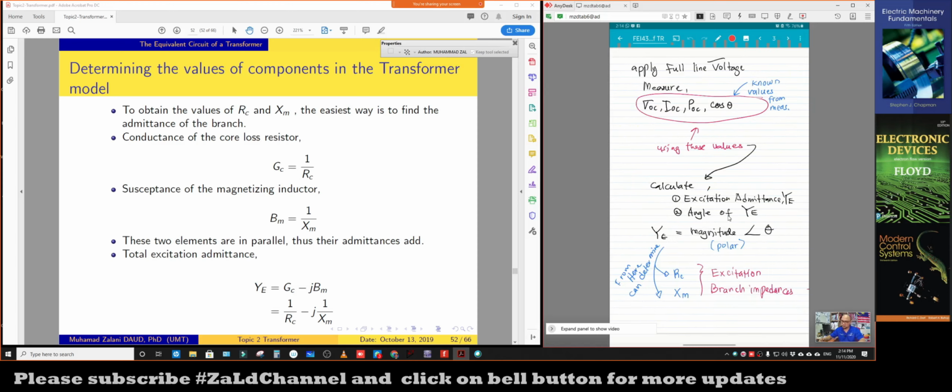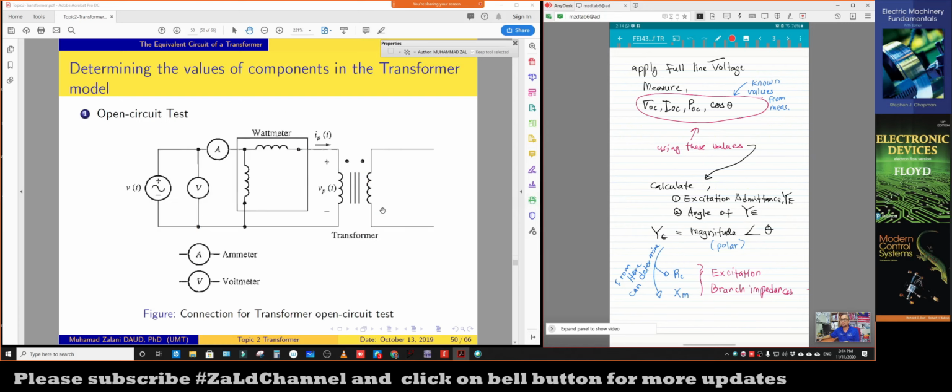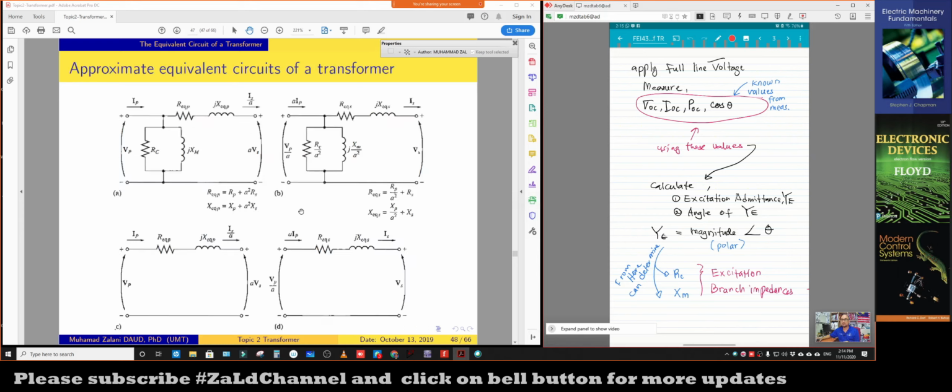So we have all of the values of VOC, IOC, POC, and cosine theta. From the values that we get from the open circuit test, we can calculate the excitation admittance, which is YE, and then also the angle of the excitation admittance.